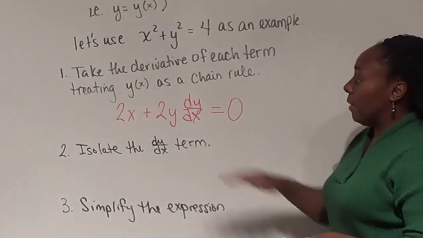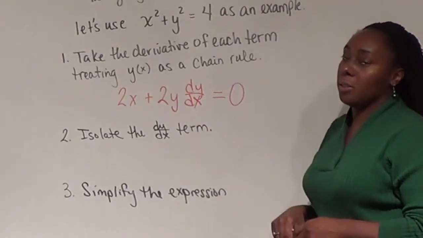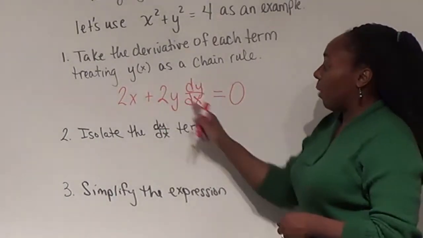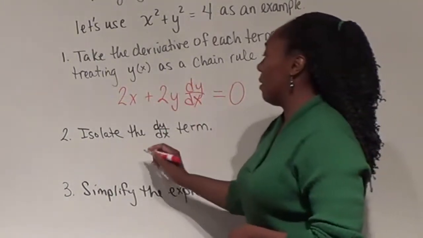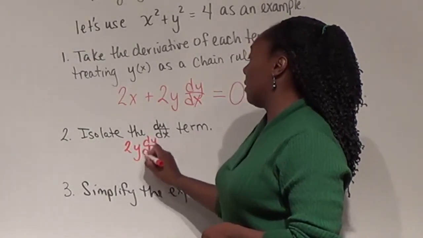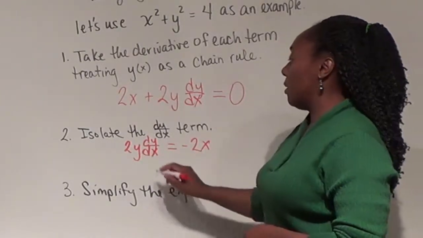Now that we've taken the derivative everywhere, we want to isolate the dy dx term. So I'm basically solving an equation for dy dx. 2y dy dx will equal negative 2x, and then I'm just going to divide out.